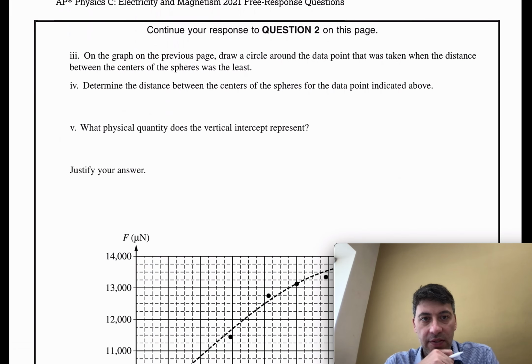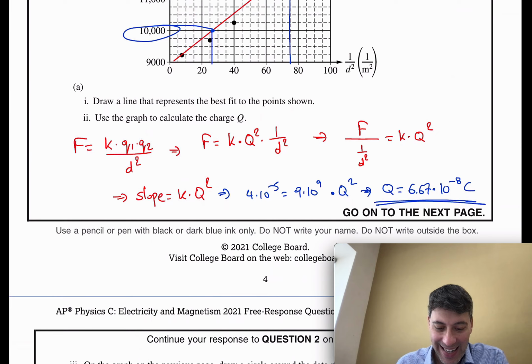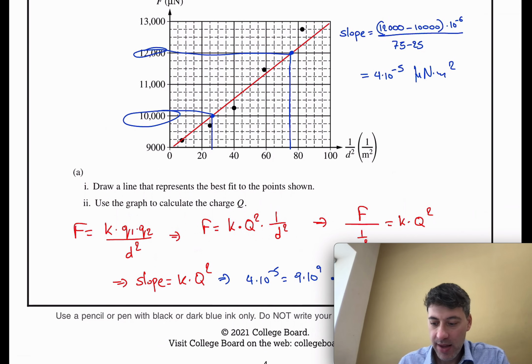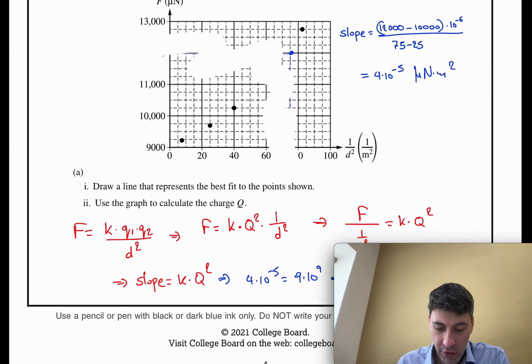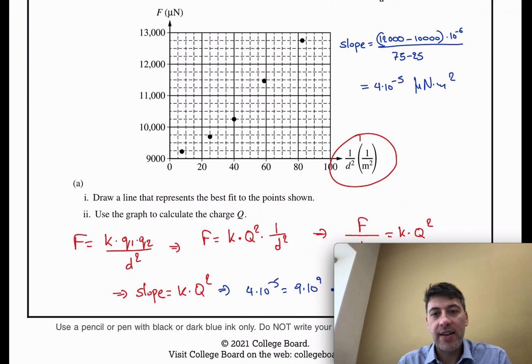Now, on the graph on the previous page, draw a circle around the data point that was taken when the distance between the two spheres was the least. So we need the least distance. The least distance will have the greater force, or since we have here 1 over distance to the power of 2, the least distance will have the greatest value for this fraction.